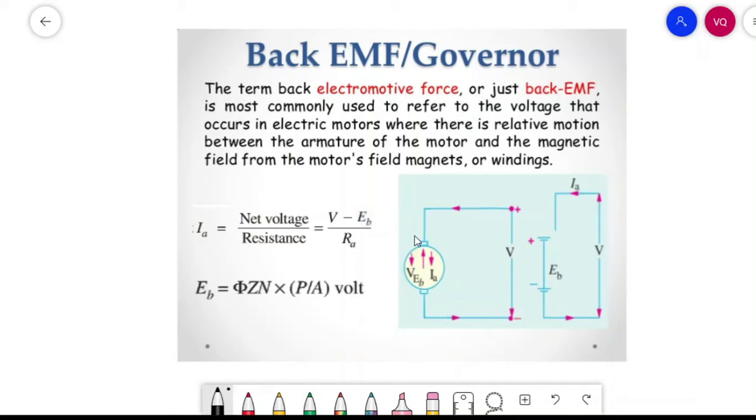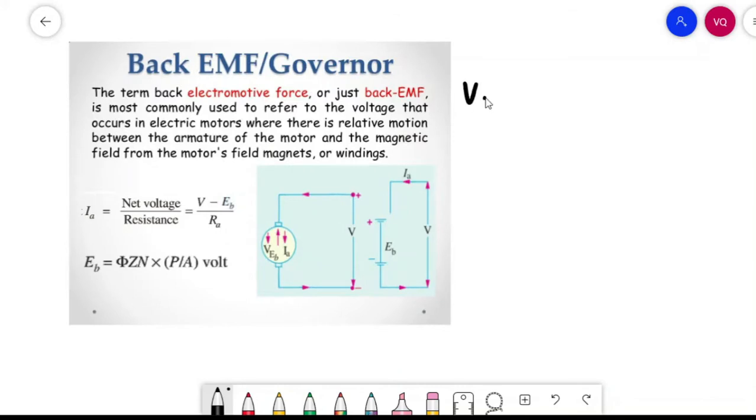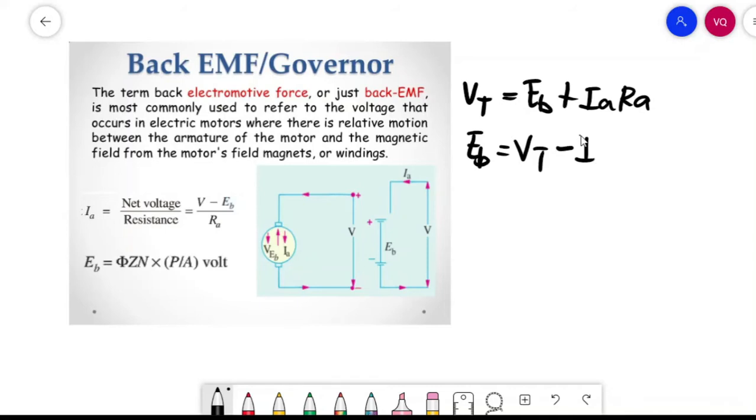Or simply, we can rewrite this equation: terminal voltage is equal to the back EMF plus IaRa for shunt generators. Or Eb is equal to terminal voltage minus the drop in the armature resistance.